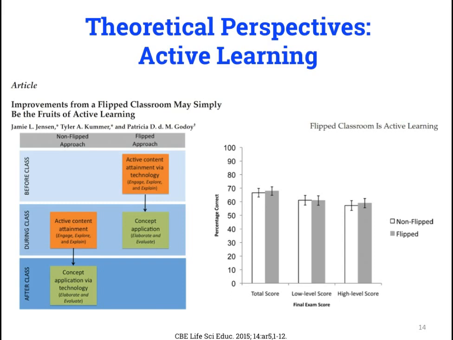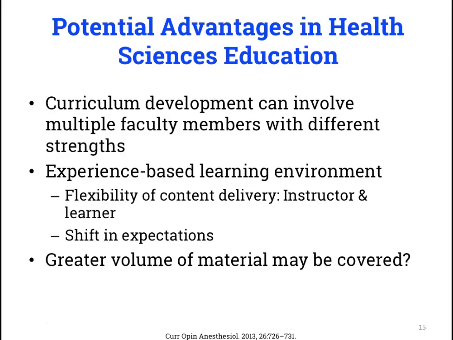But we have seen in medical school, for example, the concept of self-directed learning has been less successful. I'll actually touch on that in a second. When students are not as well versed in the basic content that is then expected to be applied in higher order thought processes.